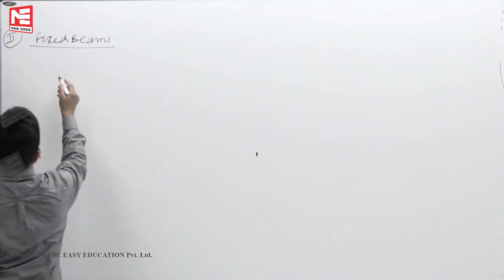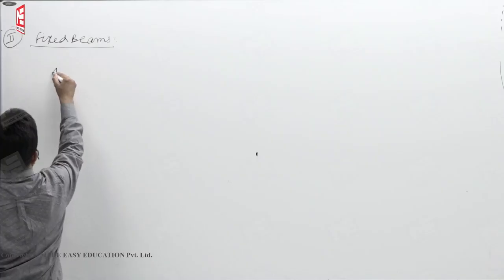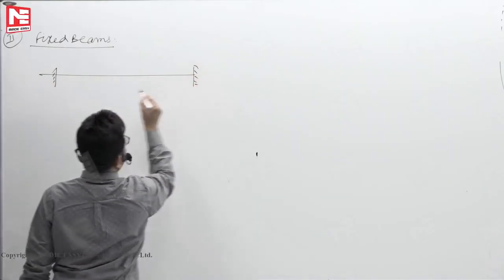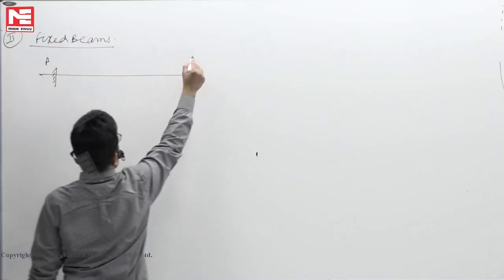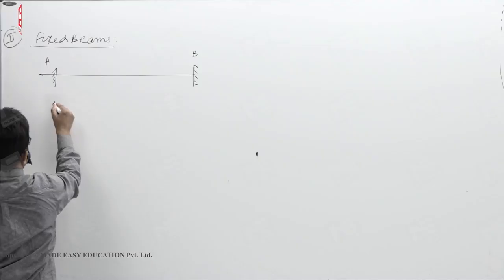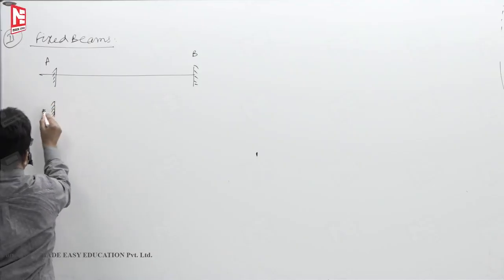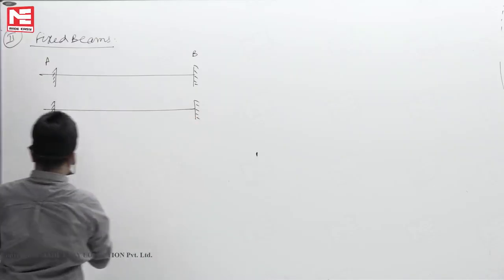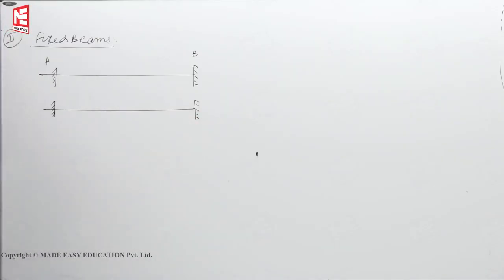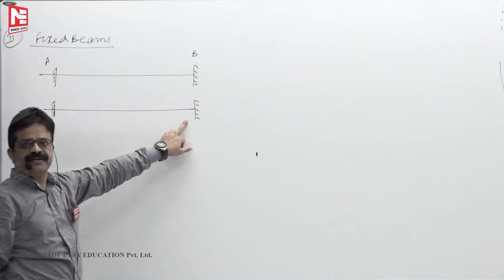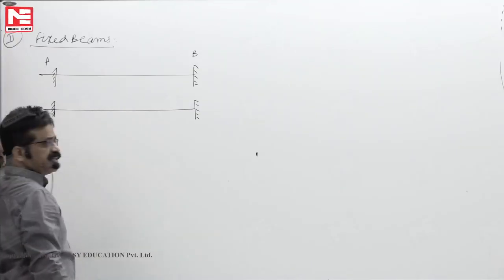Okay. Now this point, let us say A, B. ILD for VA if you want. Same story: without removing the supports and without removing the supported B, remove only the reaction.